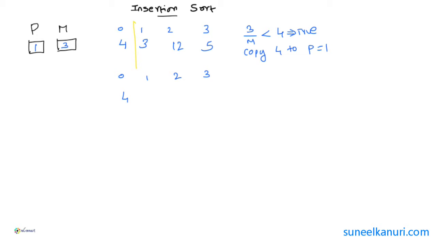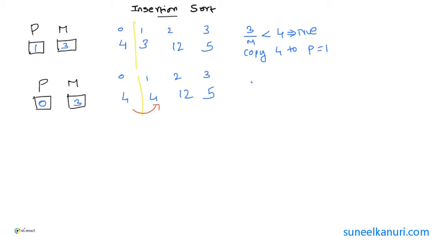Now there is nothing else our unsorted element 3 can be compared against because we are already at position 0. So we simply copy 3 to position 0.